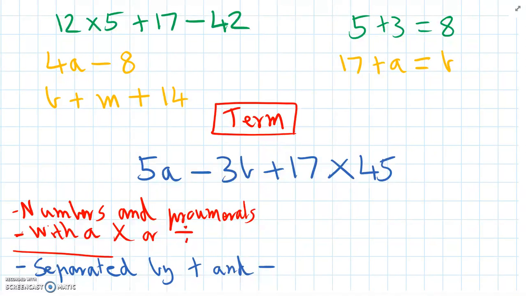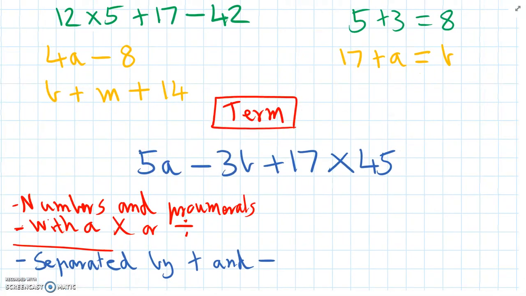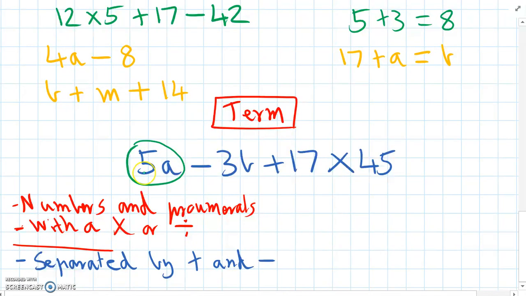So looking at our expression up here, we have 5a, that's one term, because we have a number and a pronumeral, and there's a multiply in there too, even though we don't write it. But then we have a subtraction. That means that's separating the next term along. And we always group the subtraction symbol with the next term.